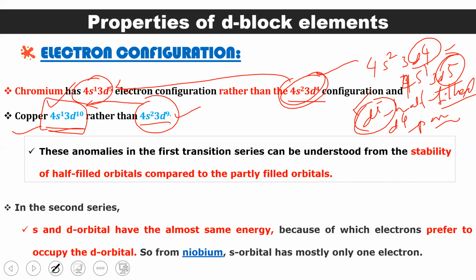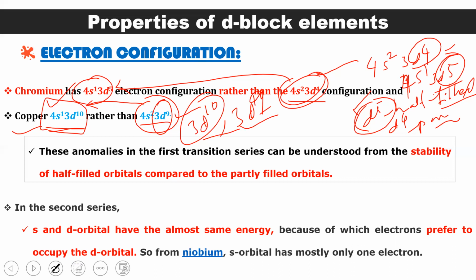Why? Because there are 3d10 and 3d9 orbitals. As per our knowledge, which is more stable? Yes, we know that full-filled orbitals are more stable than partially filled d orbitals. Based on that, copper shows the electron configuration 4s1 3d10.